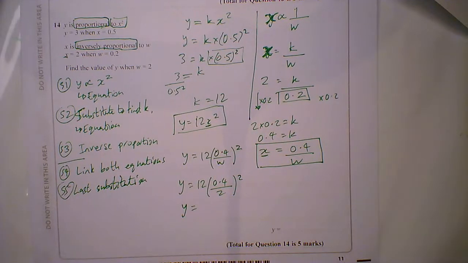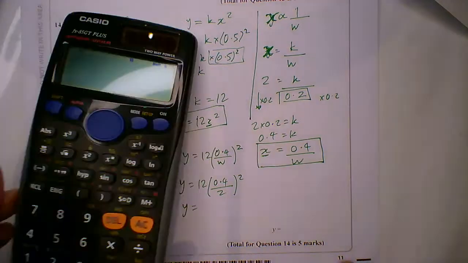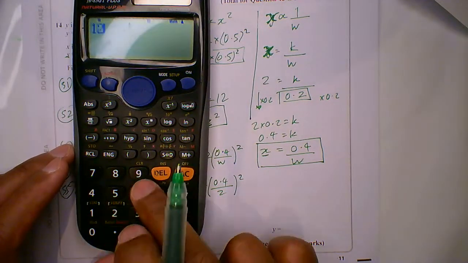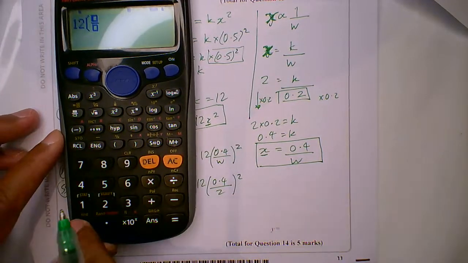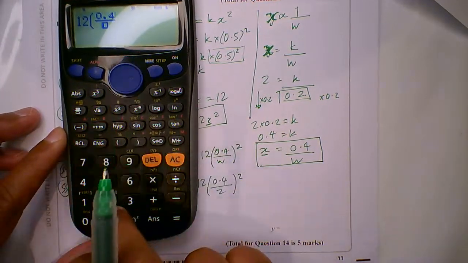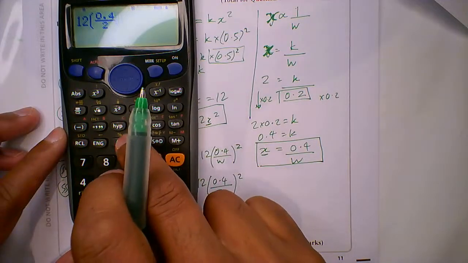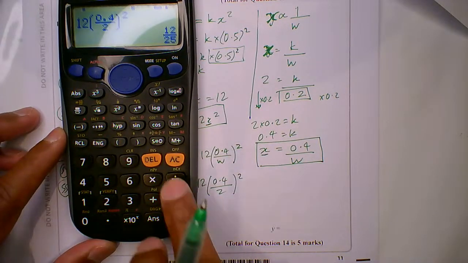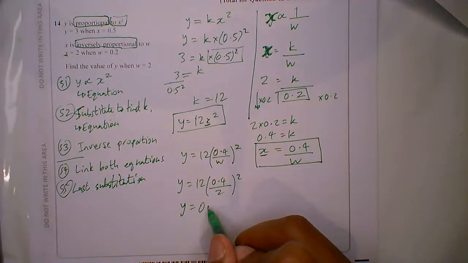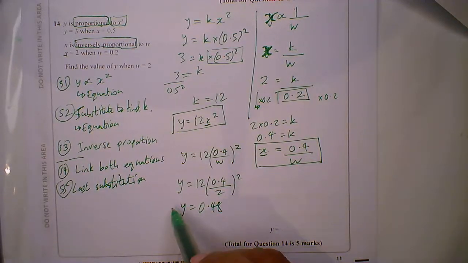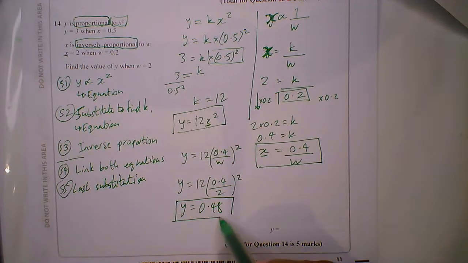I just need to substitute that into my calculator now. 12 bracket 0.4 divided by 2 close bracket squared gives me 0.48. And so that is my final answer.